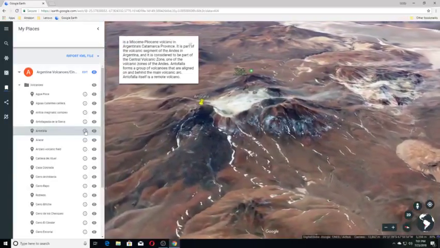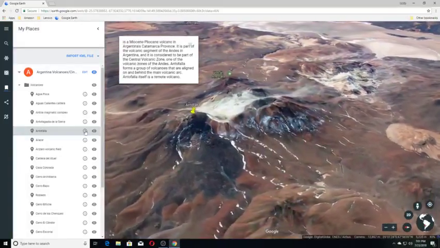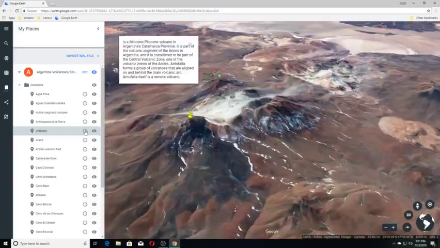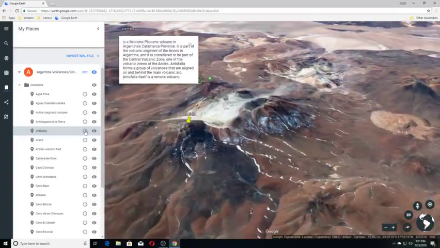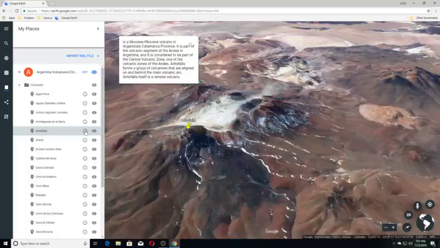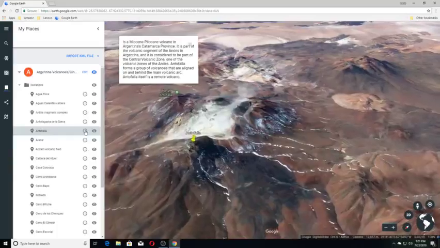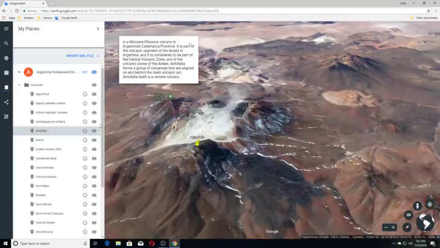It is part of the volcano segment of the Andes in Argentina and is considered to be of the Central Volcanic Zone, one of the volcanic zones of the Andes. Antofagasta forms a group of volcanoes that are aligned on and behind the main volcanic arc. Antofagasta itself is a remote volcano.